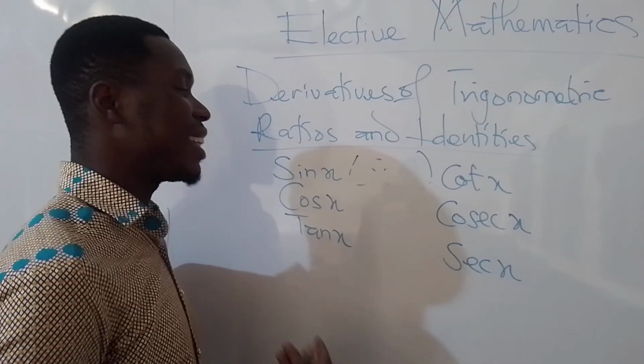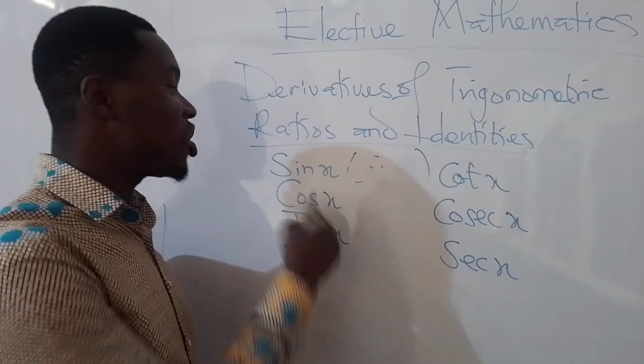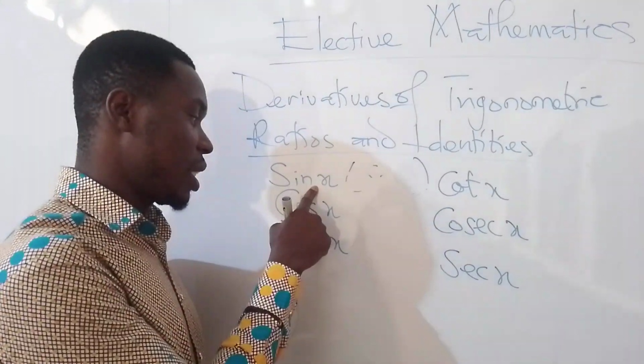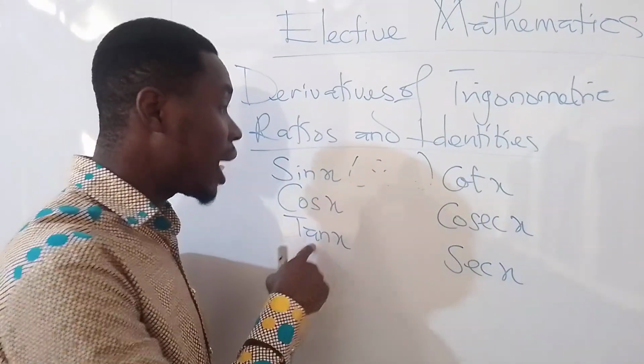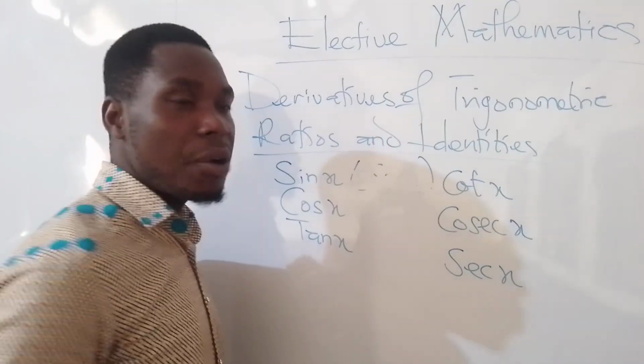Now we want to look at their derivatives. When we differentiate sine, what are we going to get? When we do the same thing to cos, what will be the final answer? When we do it to tan and the rest of the identities, what are we going to get?